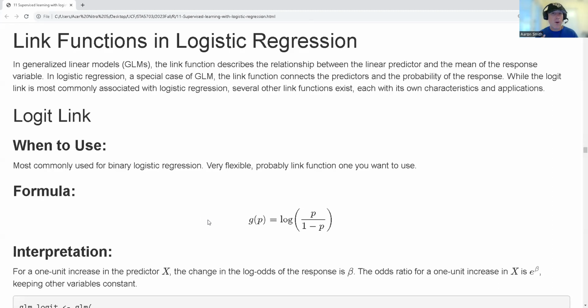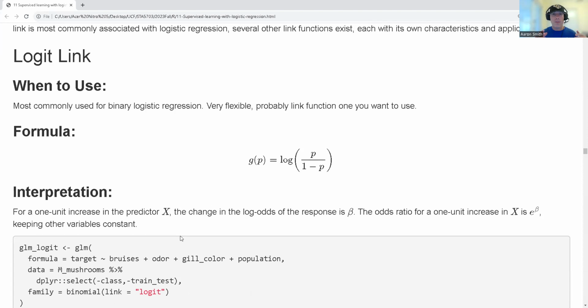Here, this is a very flexible link. So let's say that I need to build a model and I should have used a different link function than logit, but I chose logit. I made a mistake. It ends up that most of the time it's not a big deal. The logit link is very flexible and usually does a better job of handling misspecification of the link function than other link functions.